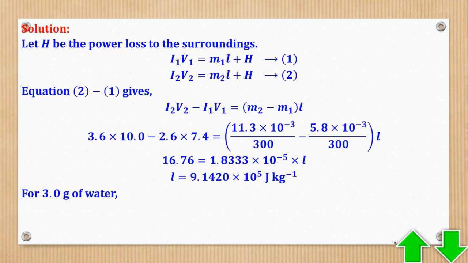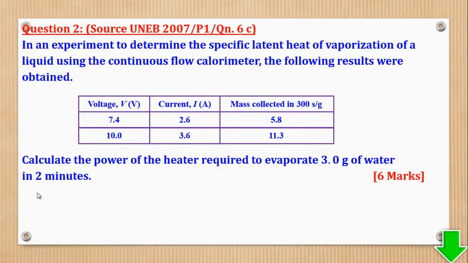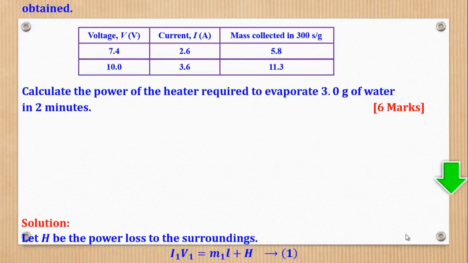So when you go back to the question, you have got the specific latent heat of vaporization, but they said they want to calculate the power of the heater required to evaporate 3 grams of water in 2 minutes.